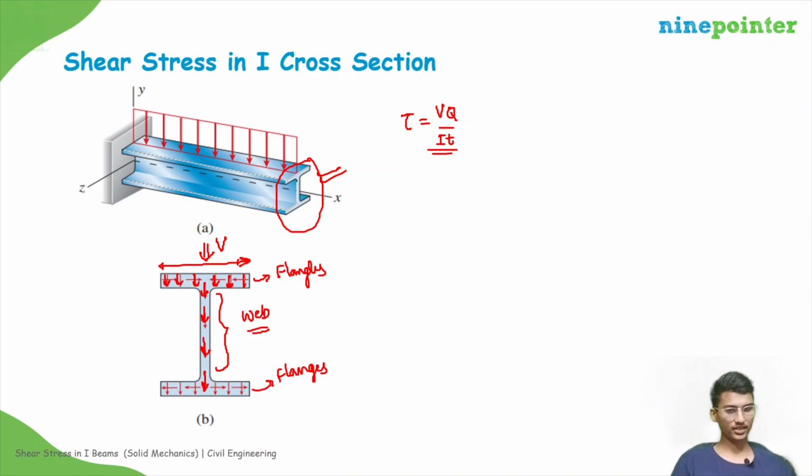So then this result will not be accurate, right? So generally, this formula will not give accurate results in flanges, okay? But it will give accurate results in web. But if nothing is mentioned, we can use it in flanges also. But in general, it is only valid for web. Means it will give somewhat accurate results in web, okay? The error will be less in case of web.